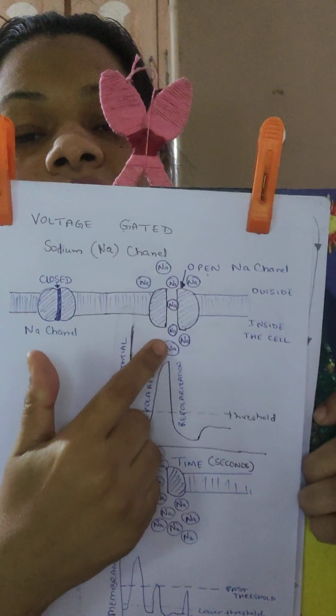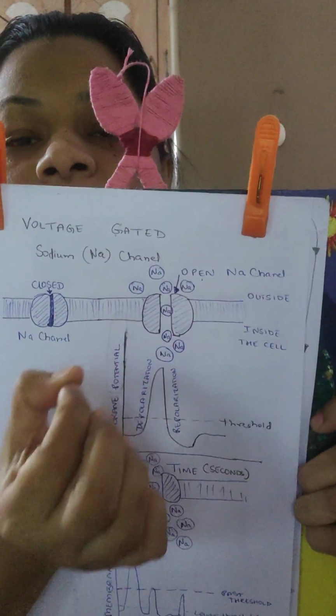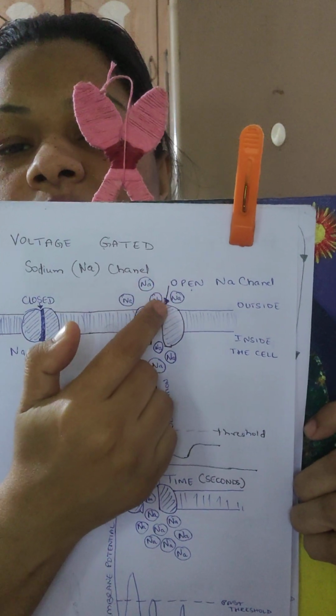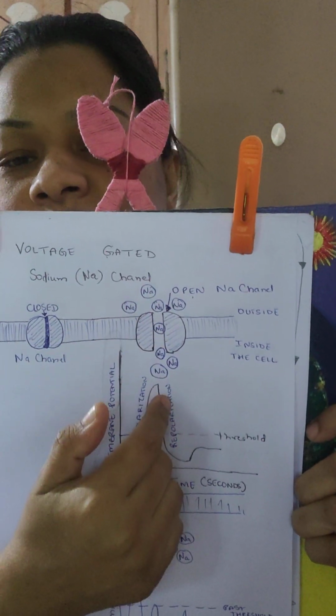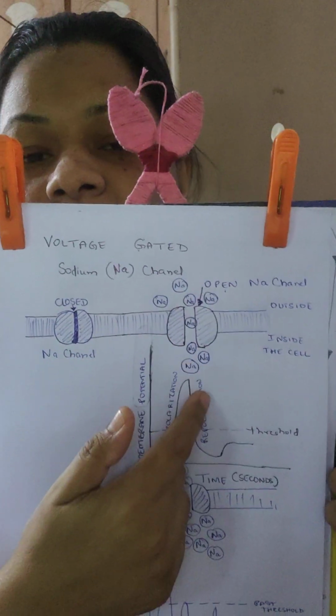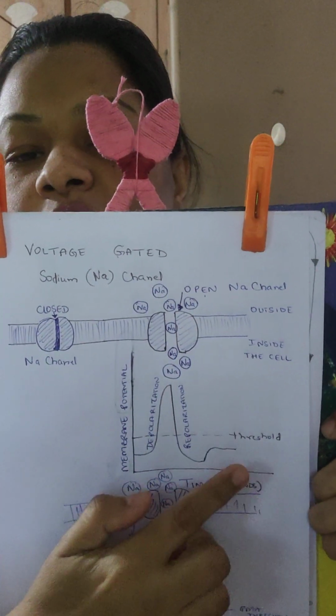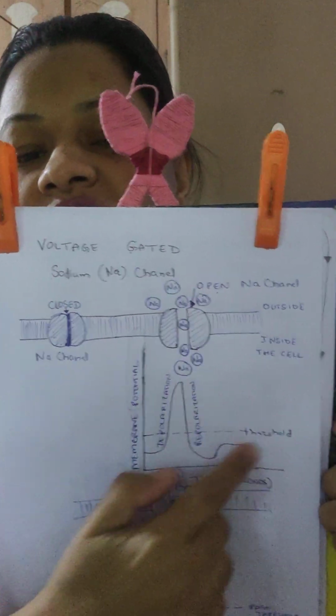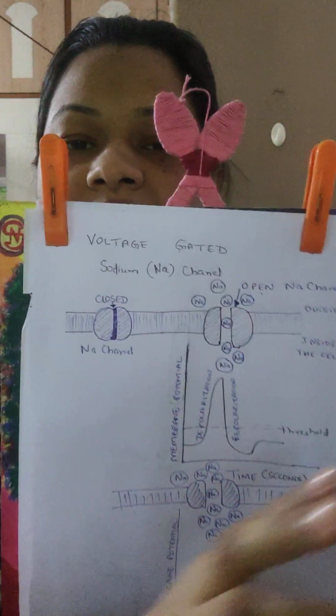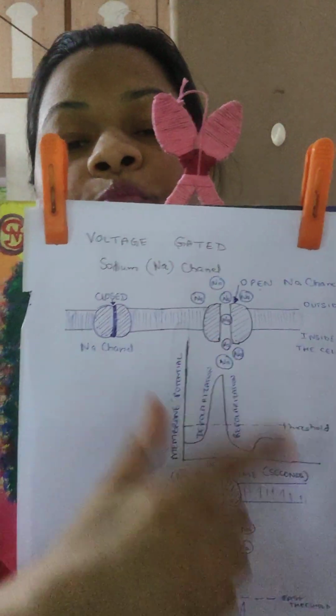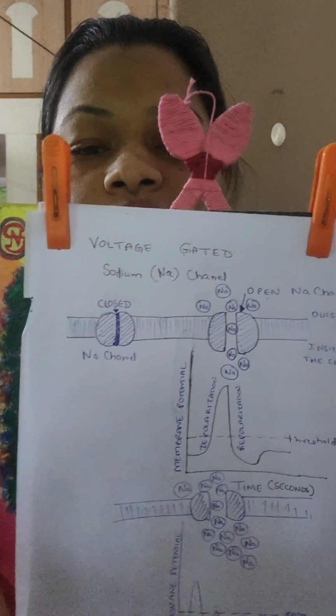But when the channel gets opened, the sodium from outside the cell enters our cell, and when the sodium enters, it causes an action potential to be generated, and this action potential is like a firing of the cells, which is important for cell muscular functioning.